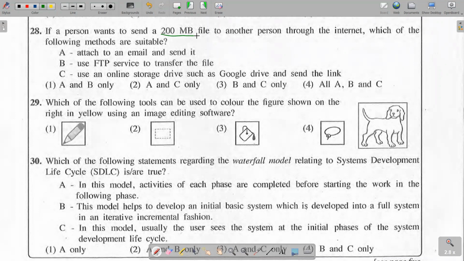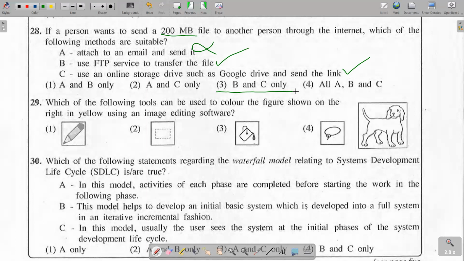Generally, the maximum that you can send through an email is like 40 to 50 megabytes, so not a 200 MB file. Use FTP service to transfer the file. Yes, file transfer protocol can be used. Use an online storage drive such as Google Drive and send the link. Of course, that's true as well. Right, so B and C only for the 28th.